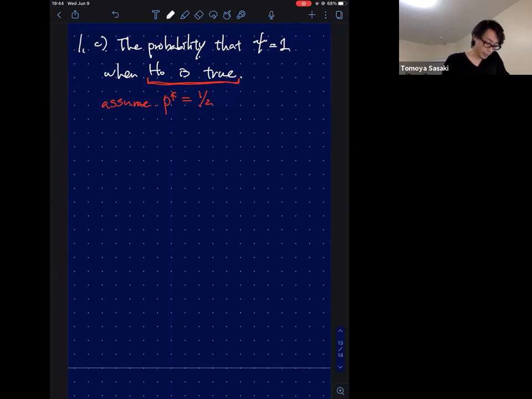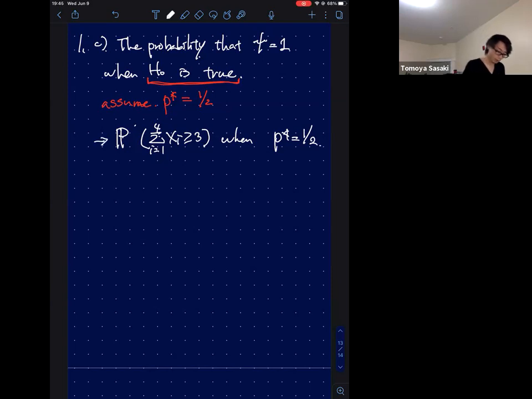Here, basically what you need to do is compute the probability that the sum of the xi's is greater than or equal to 3 when P star is 1/2.